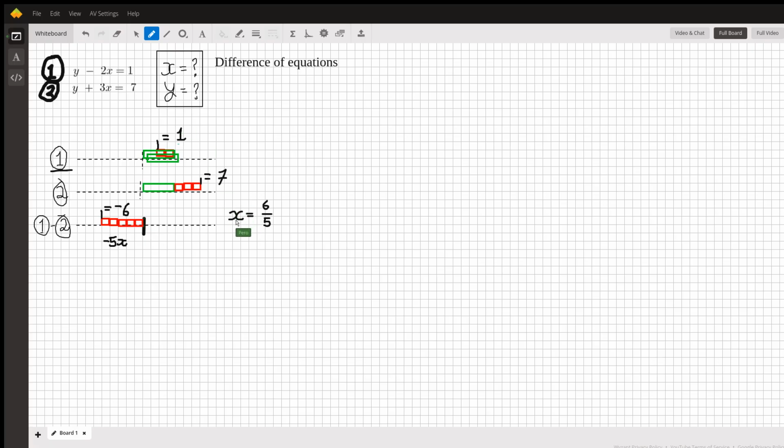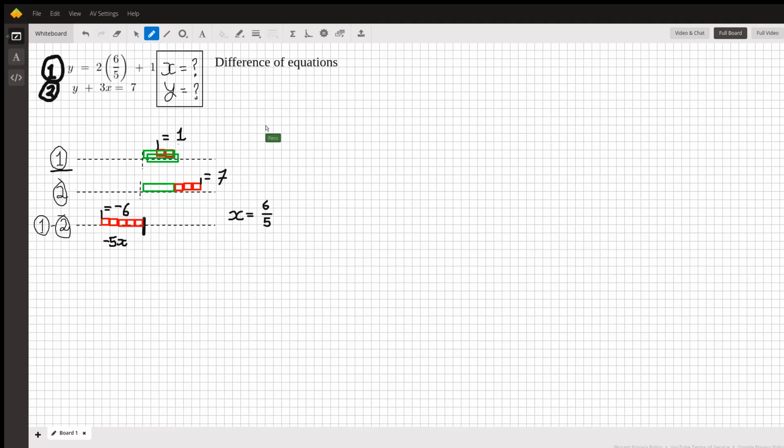Next, we plug in x into one of these equations to find y. If I just rearrange this top equation back into its original form, we'll have y is equal to 2x plus 1. By putting 6 over 5 in the place of x, we find this. There we go.